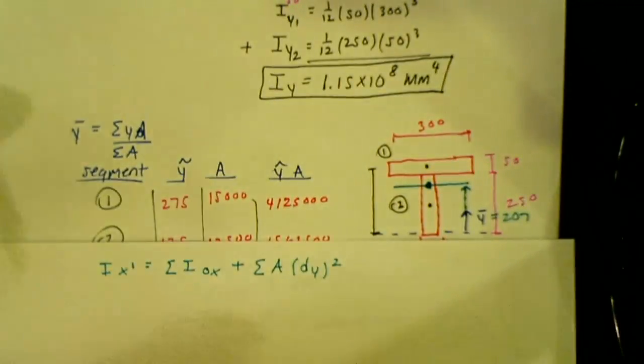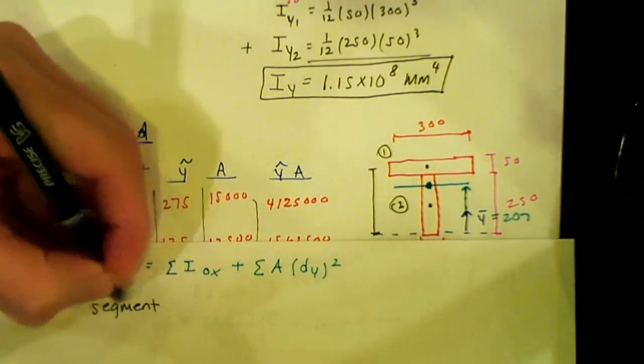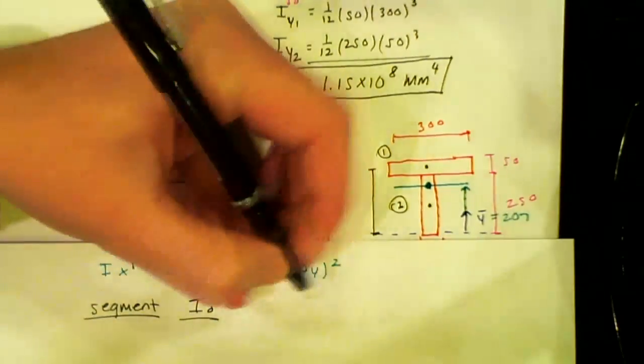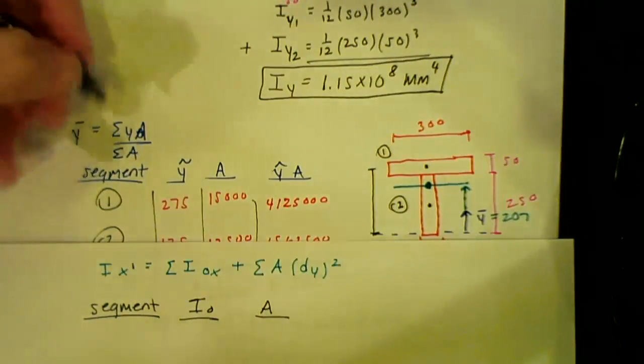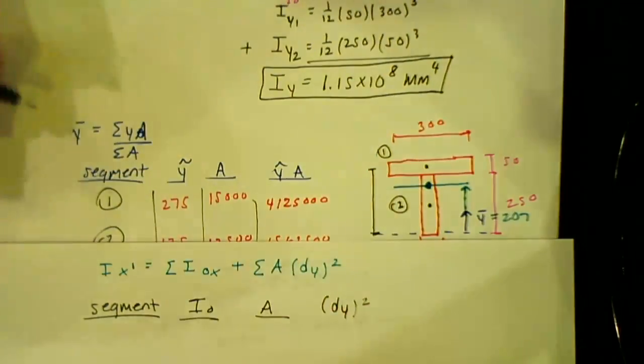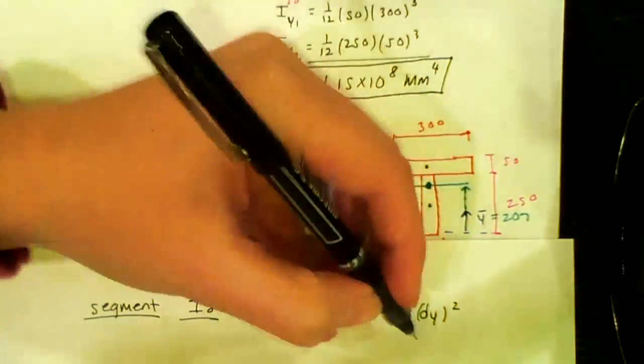Drawing my table, I have my segment, my I naught, and my area, which I already have from before. I need to find these dy values. Then I have A times dy squared.